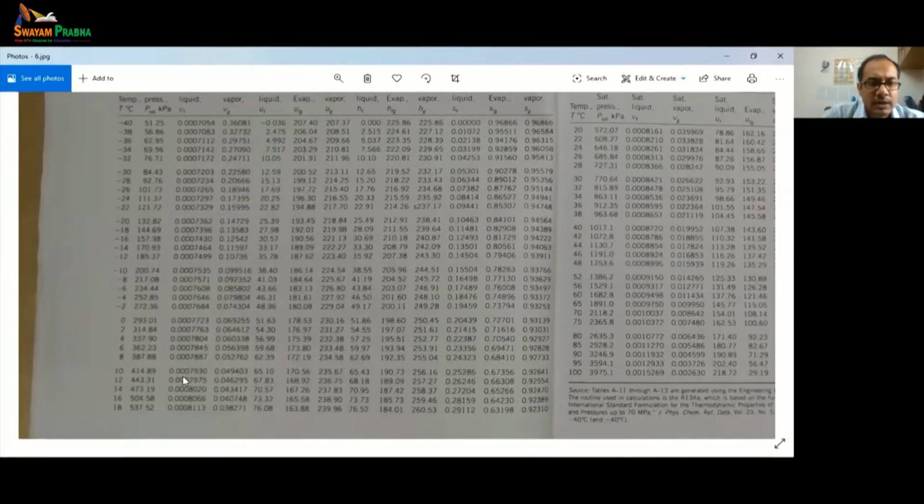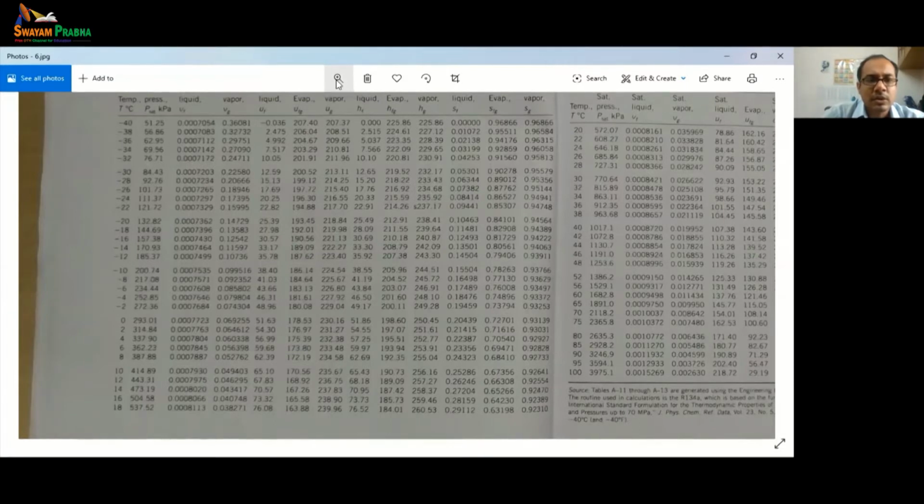You can see that this value is for the saturated liquid and this value is for the saturated vapor, and 0.0065 lies in between these two. So what we can say is that the pressure will be the saturation pressure and the state will be a two-phase mixture, right? Because the specific volume is in between these two values. One is for liquid, one is for vapor.